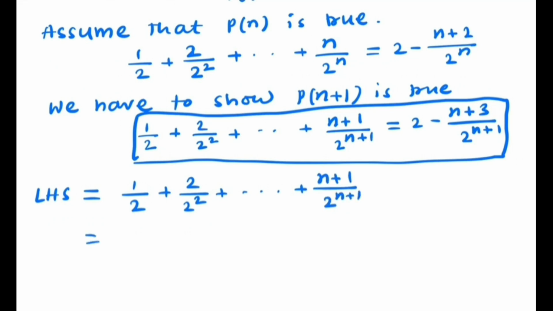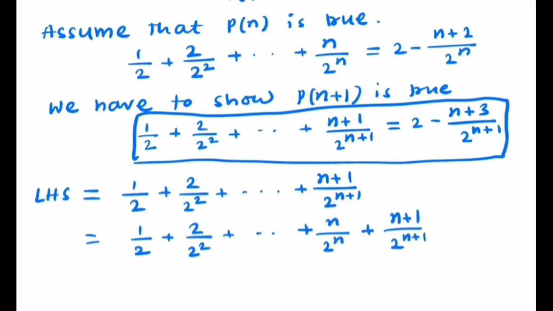Okay, so write this term as 1/2 + 2/2² + ... up to nth term, which is n/2ⁿ, and then the n+1 term, plus (n+1)/2ⁿ⁺¹. Okay, so the sum of first n terms is given by here, since we know P(n) is true.